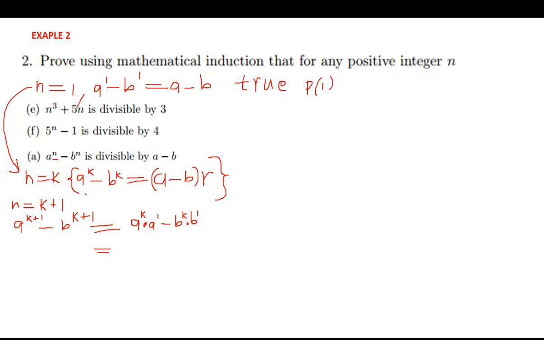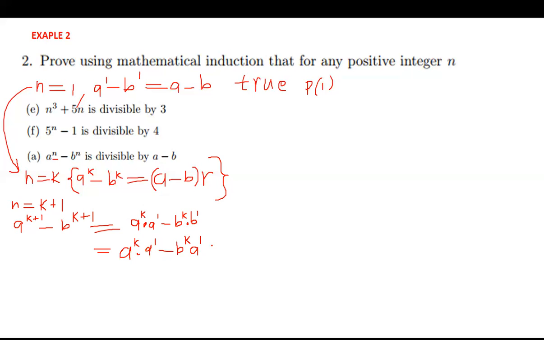I'm supposed to remain with this factor there. So what I'm going to add is, first let me put my a to the power k times a to the power 1, and then I'm going to add negative b to the power k, and then a to the power 1.